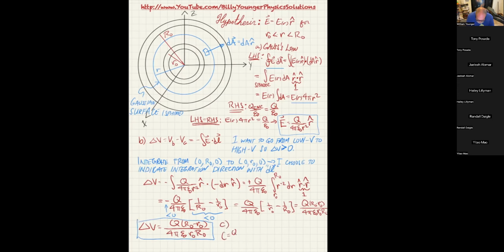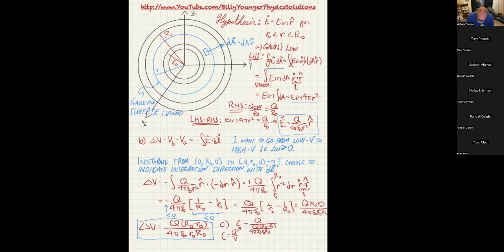C is just Q over V. So I'm going to say C is equal to Q divided by Q over 4 pi epsilon naught r0 big R0 in the bottom times big R0 minus little r0 in the top.